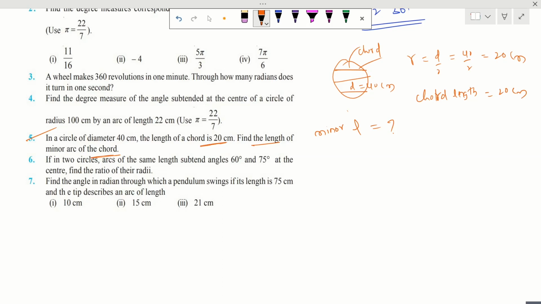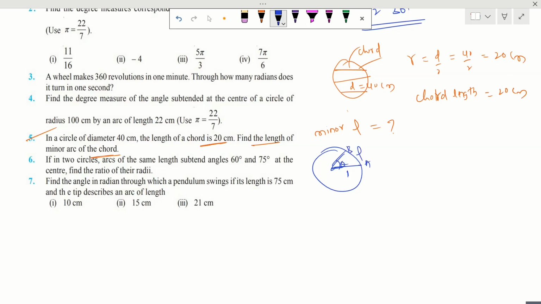There is one formula to find the length of an arc. In a circle, this is a radius, and this is a radius. This is theta in radians, and AB is the arc.